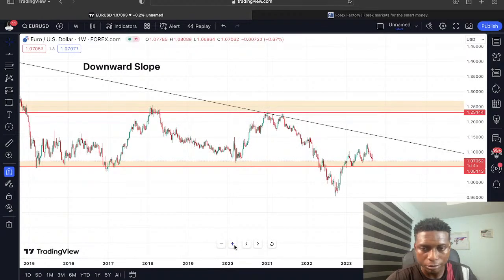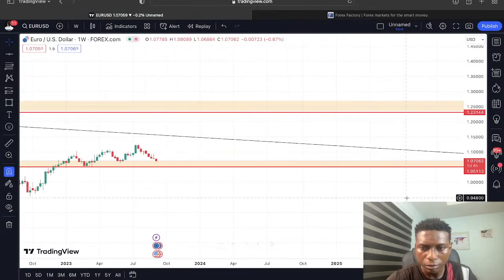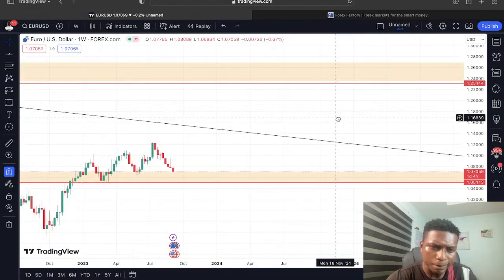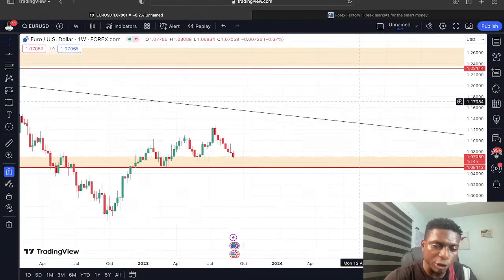So let's zoom in. What do we see price doing here?